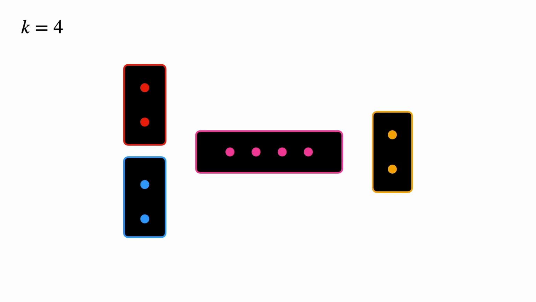So for instance, it could be that the path begins at red, goes to pink, and then yellow, and then blue, but it could also be that it begins at pink, goes to yellow, then blue, and then red, or it could even be that it starts at blue, then pink, then yellow, and then red. We don't really know this sequence.